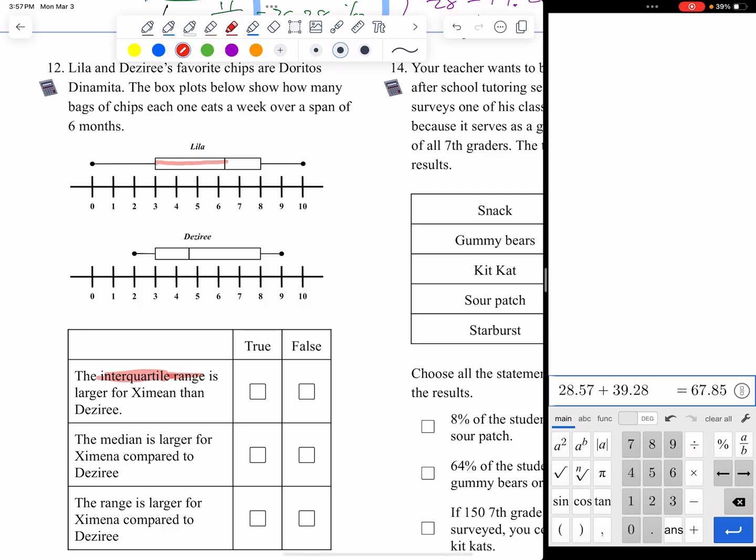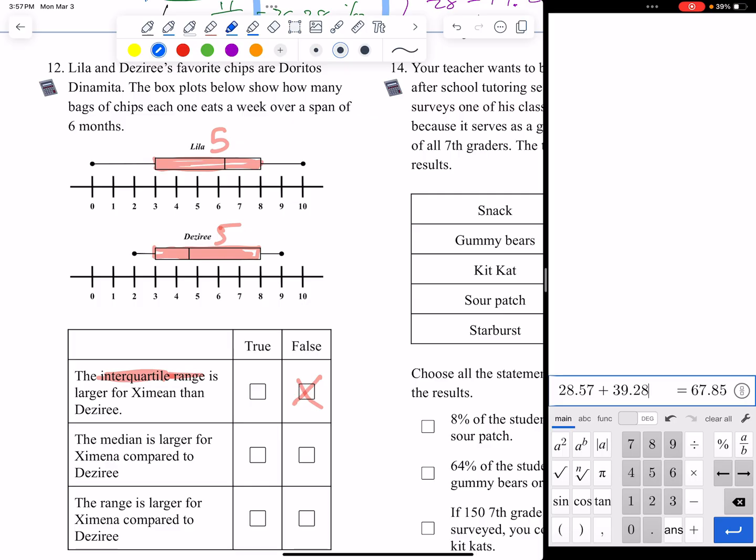So the interquartile range is right here for both of them. It's the range from 3 to 8, so that's 5. And for Desiree, it's 3 to 8, which is 5. So is one larger than the other? No, that is false.